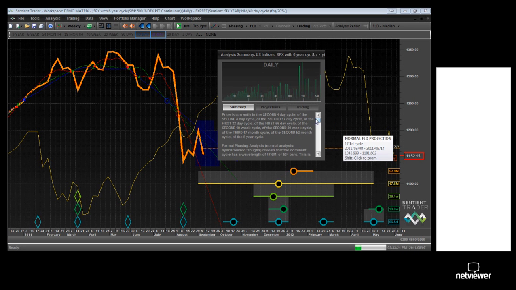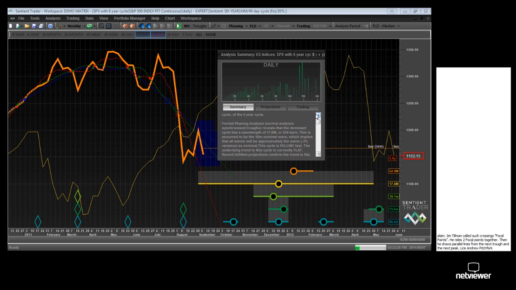Okay, so that is how FLDs are used. And if we have a look at the summary panel of our analysis summary, I would like to point out that in the consideration of the three major cycles, the dominant, the subdominant, and the predominant cycle, you will see Sentient Trader says here in the commentary, phasing analysis has revealed that the 17.6-month cycle is the dominant cycle.